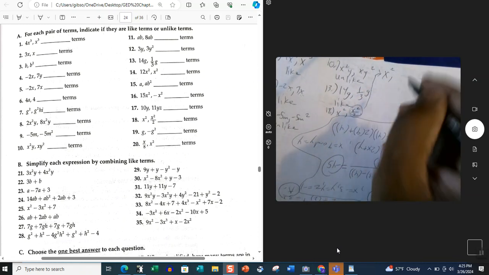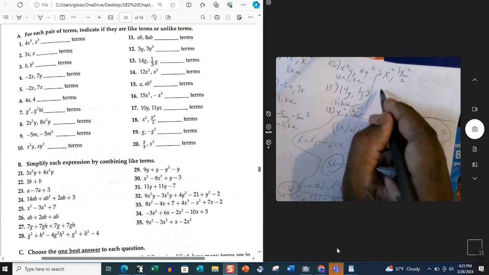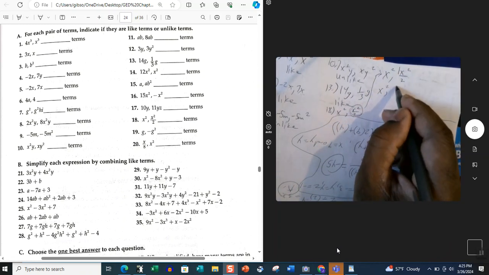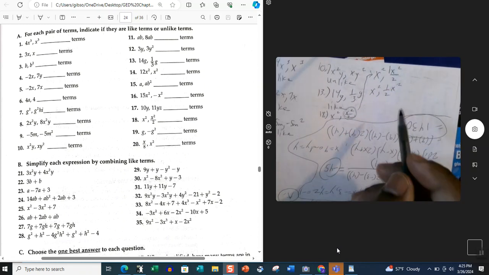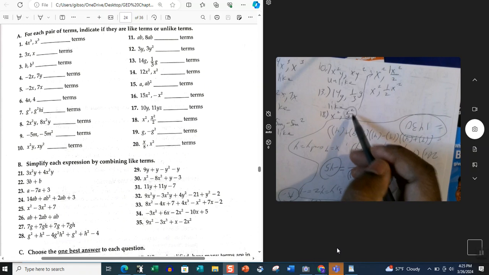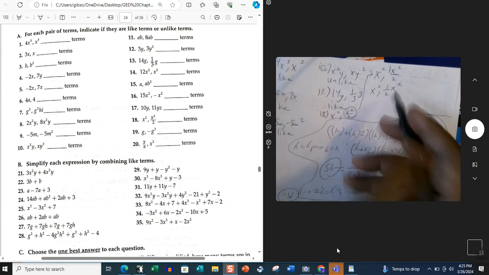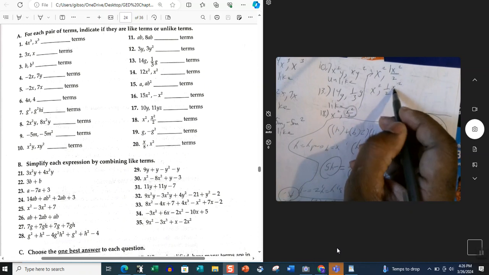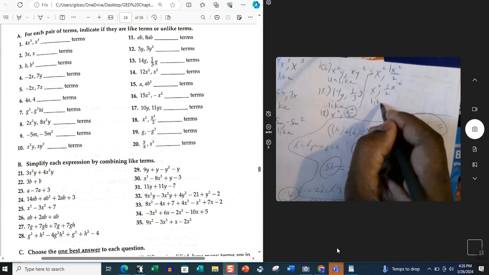Now, this fraction is really 1x squared over 2. And we can rewrite that as 1/2 times x squared. So this x squared over 2 is really 1/2 x squared. So now we look here. We both have the same variable, same exponent. So they are like terms.